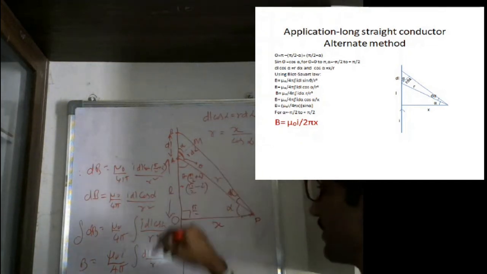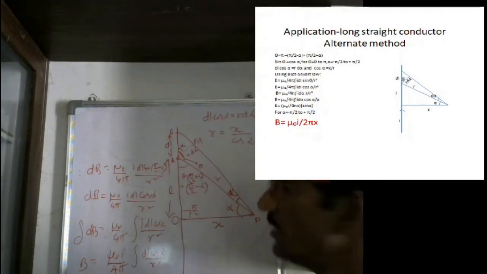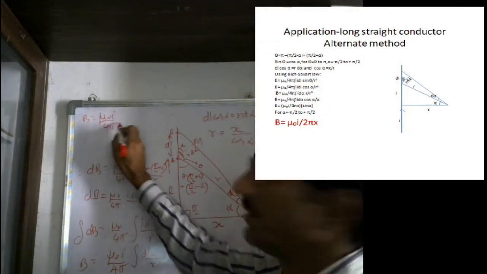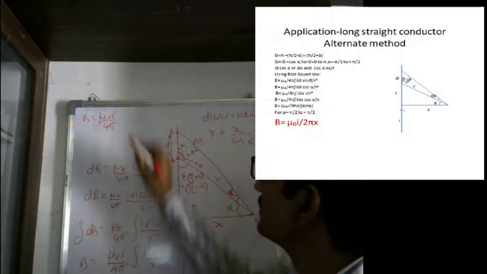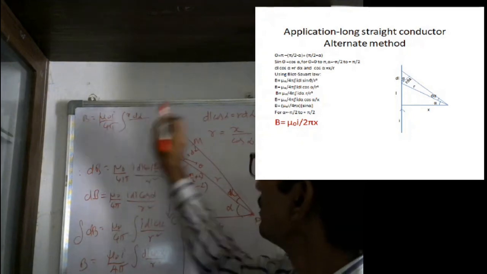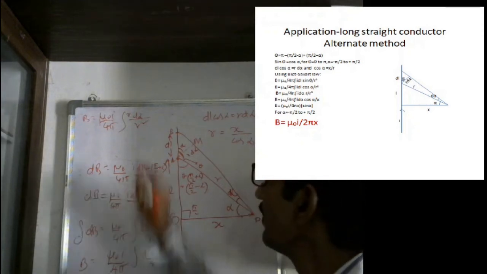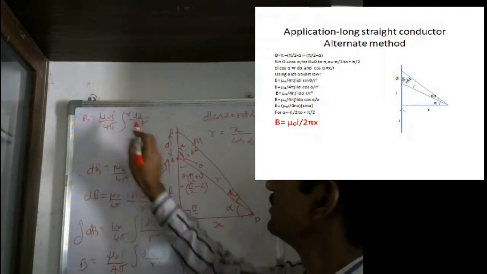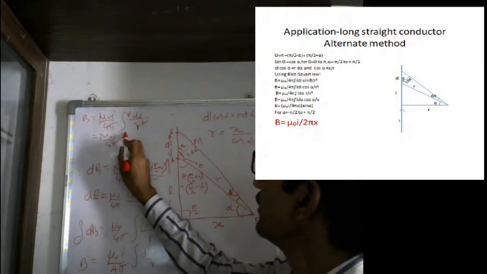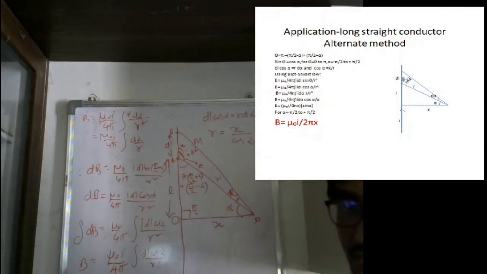Let us use these two equations here. What is dl cos alpha? It is r d alpha. So B is equal to mu naught I by 4 pi, integral of r d alpha by r square. One r cancels, so you have d alpha by r. But what is r here?